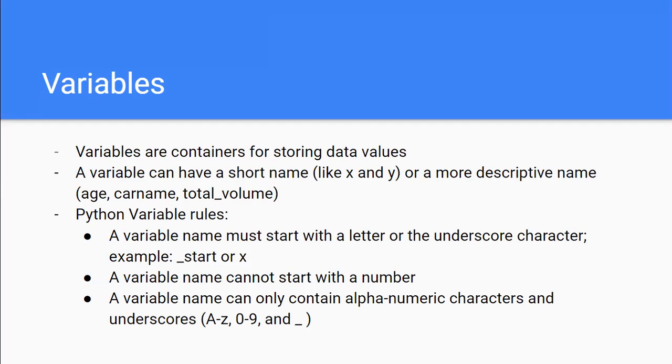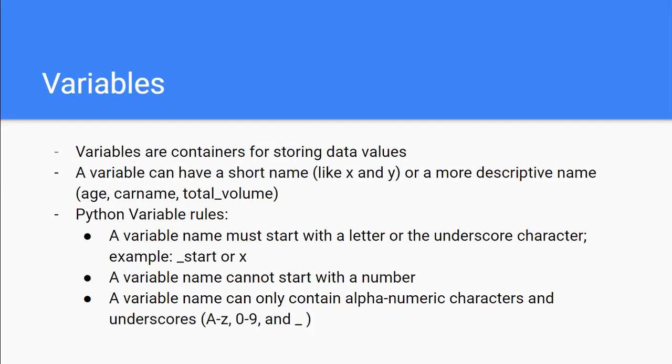There are certain rules for variables in Python that include a variable name must start with a letter or the underscore character. Some examples include underscore start or X. So variables can only start with any letters from A through Z or an underscore.